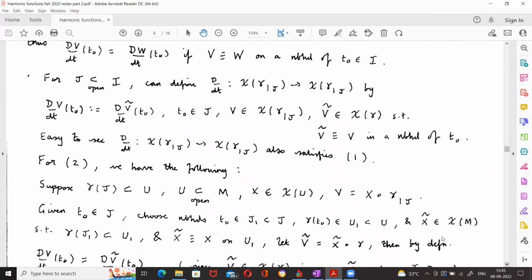So once you can localize it, then again we can look at it in a chart basically. So now I want to, again, we describe how to localize the connection, the covariant derivative.